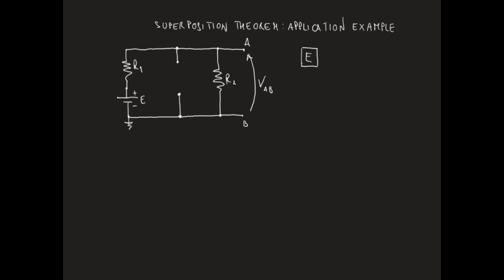The circuit we have now is simply a voltage divider consisting of the voltage source E and of the resistors R1 and R2 in a series configuration.